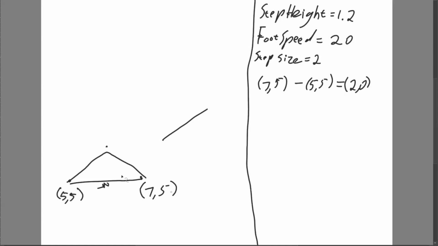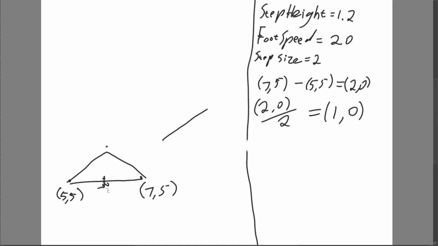To get the middle of this, we would simply take that vector and divide it by 2, which gives us a vector of 1, 0. In other words, to get to the middle, we move 1 unit to the right, and we're there.